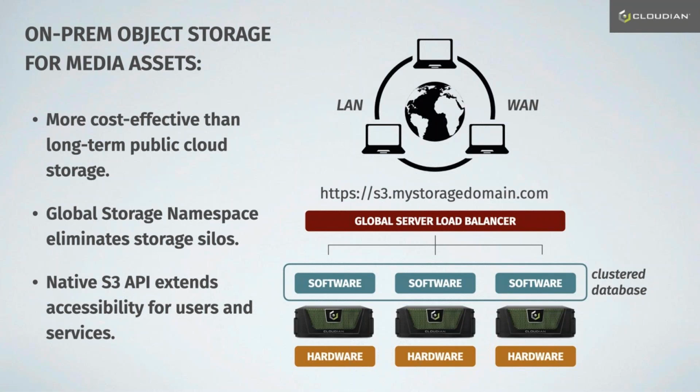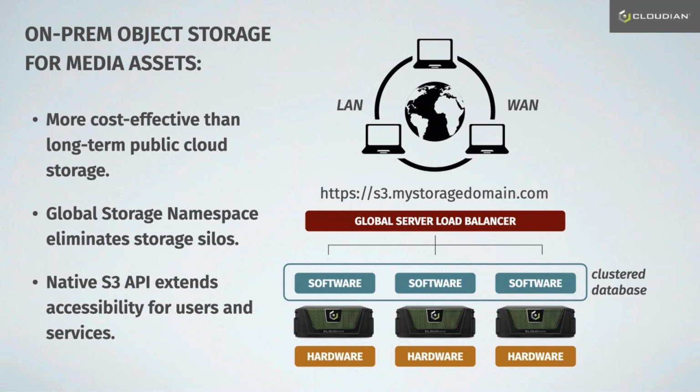As you grow the system, as you scale and add nodes, your storage domain, your URL, s3.mystoragedomain.com, never changes. When you put a global server load balancer behind that, you essentially have all of the high availability and resiliency that the public cloud services provide, because you're routing around failures as disks go offline, nodes go offline, or network segments go offline. The system, using a clustered database design, just routes around the failure to the next available node, the next available instance of the data.